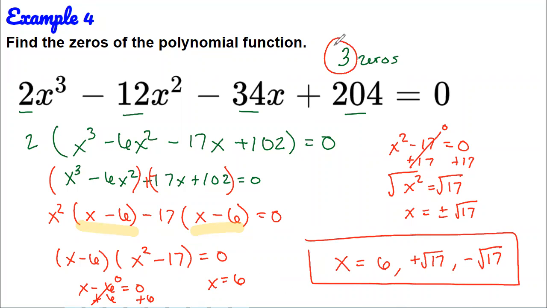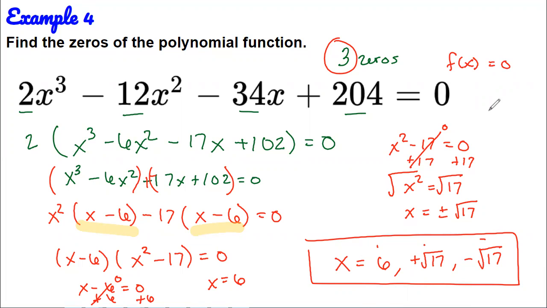How many zeros do I have? 3, 1, 2, and 3 zeros. It's where your y value is 0, where p of x equals 0, or f of x equals 0.